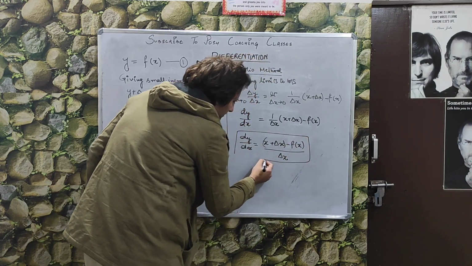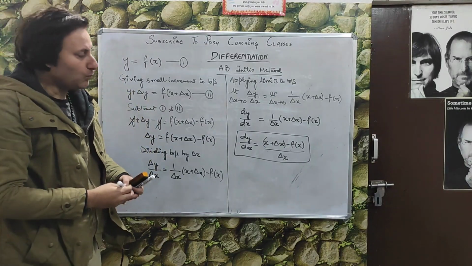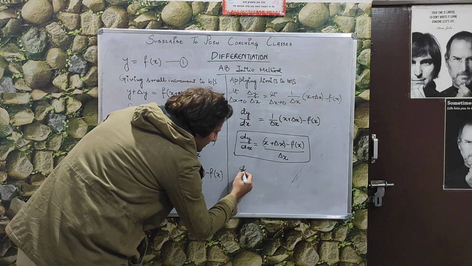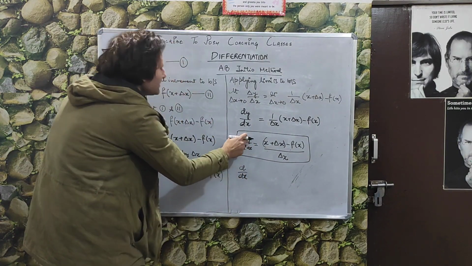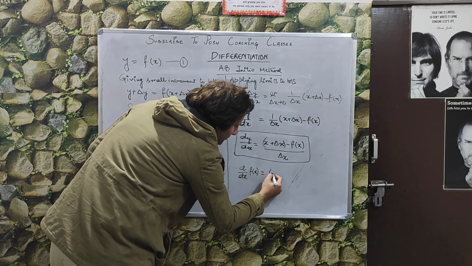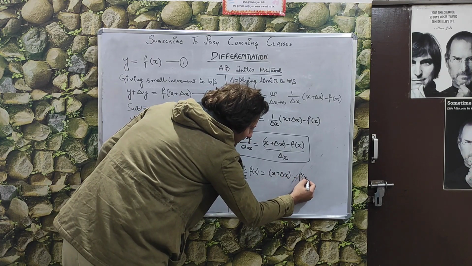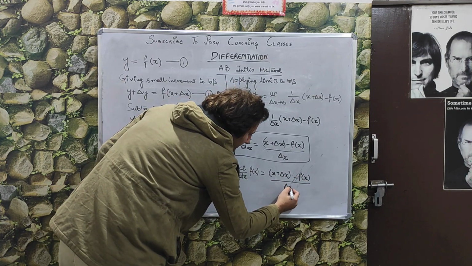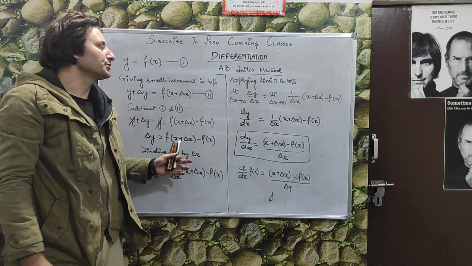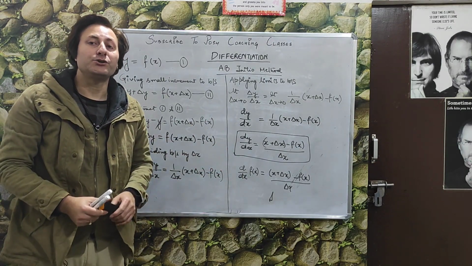So this is the expression. When we use the ab initio method, we get this. Now one more thing you can do is, you can write d upon dx of f of x is equal to f of x plus delta x minus f of x, whole divided by delta x. This is one of the general methods of how you can solve a differentiation question using the ab initio method.